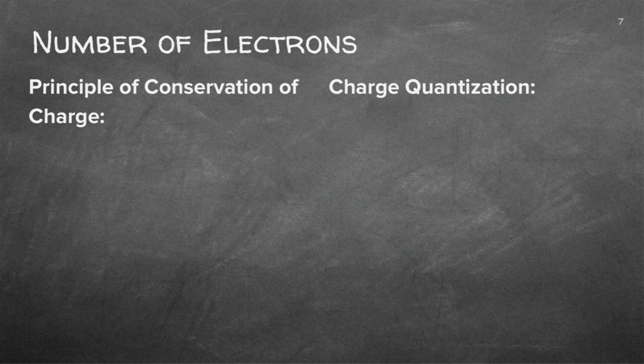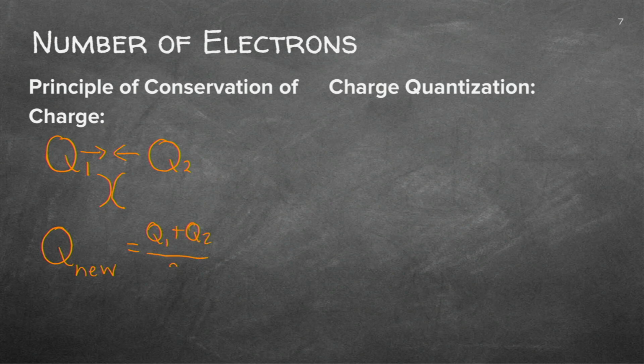Now, there is a principle that we've done in grade 10 that I just quickly want to remind you of. When I work out the charges, if Q1 and Q2 touch each other, you can calculate the new charges by adding those two together and dividing by 2.